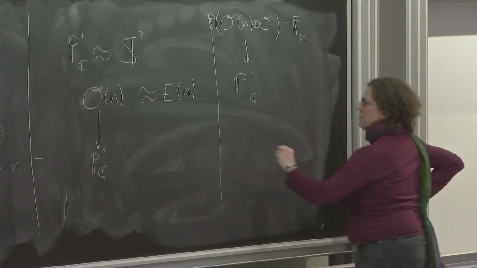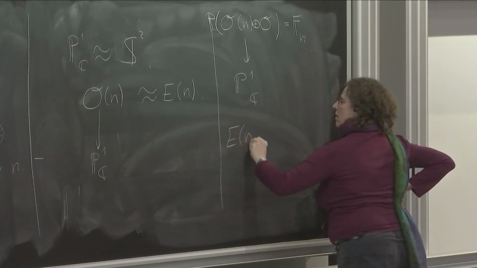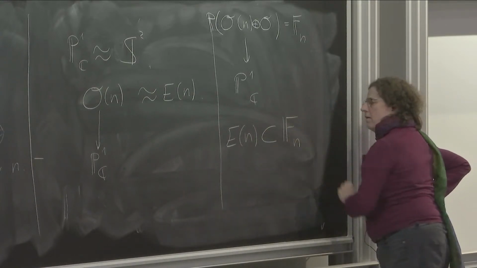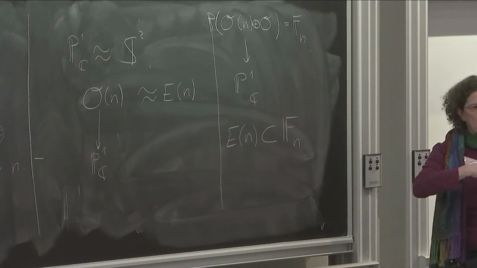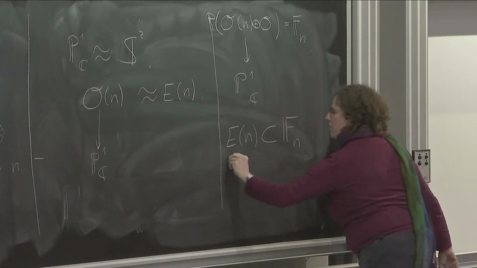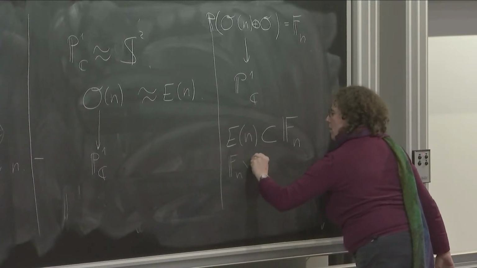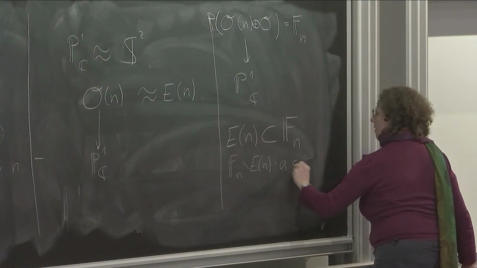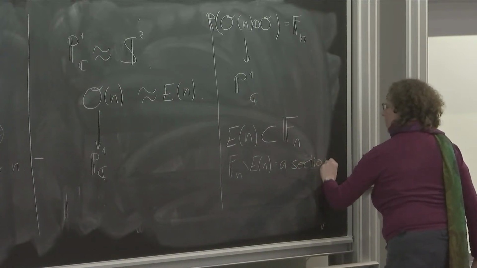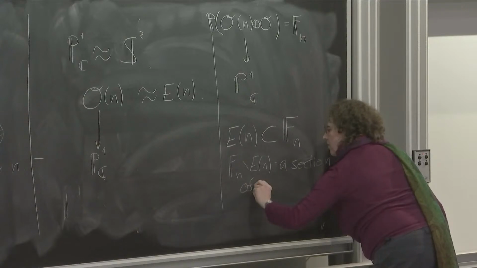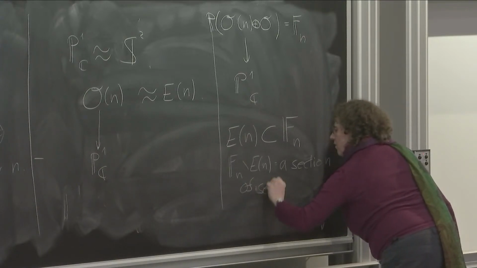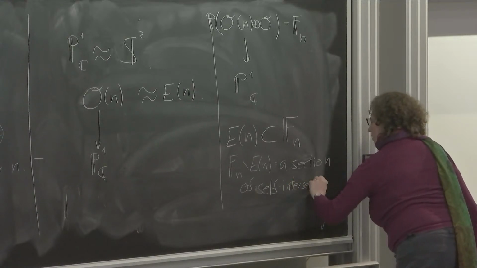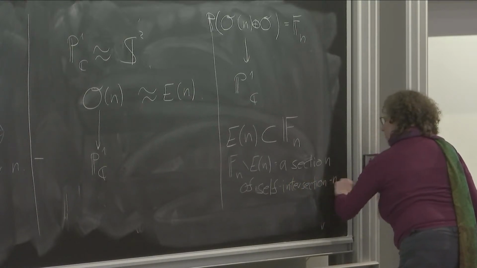And what I have is this En is an open set in Fn that gets completed by Fn minus En, which is one section of self-intersection minus n.